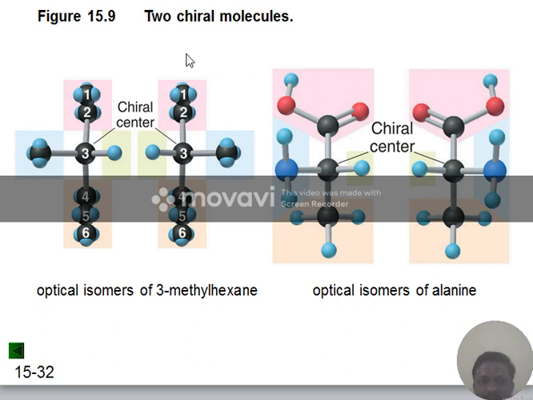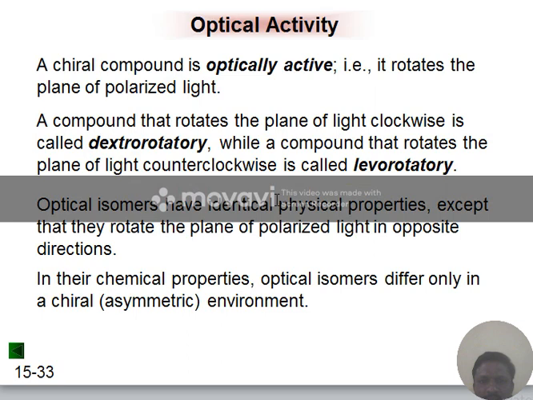Then, what are optically active compounds? Chiral compounds are optically active. All chiral compounds are optically active, that is, they rotate the plane of polarized light, either to the left-hand side or the right-hand side.